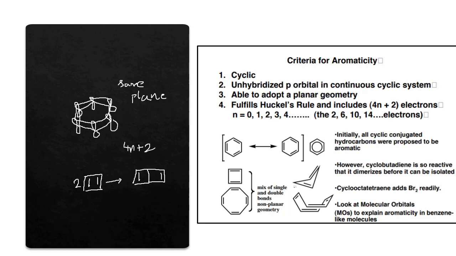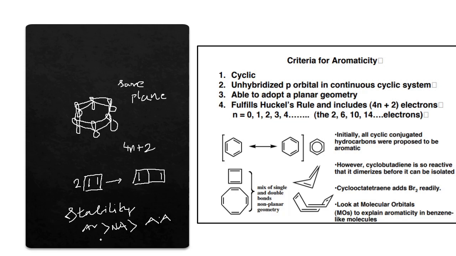Or in other words, if you count on the stability of the molecule, an aromatic molecule is considered to be highly stable, which is more stable than non-aromatic, and this is more stable than anti-aromatic.